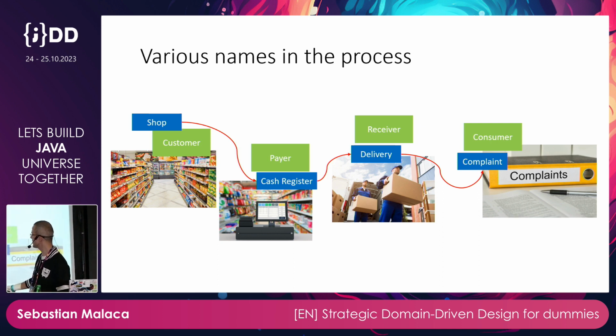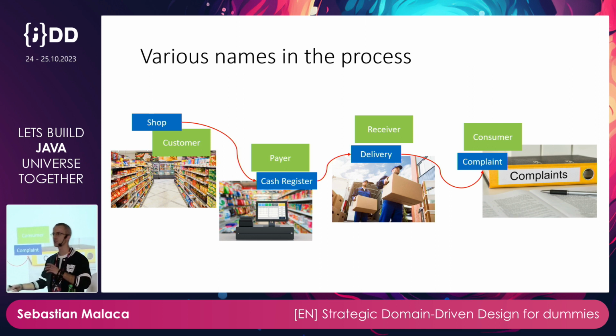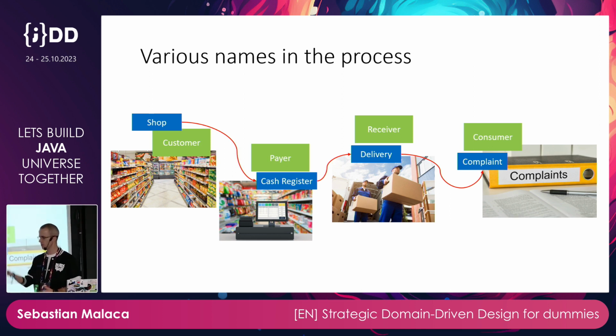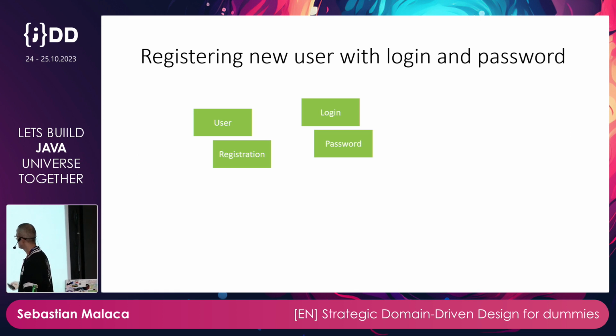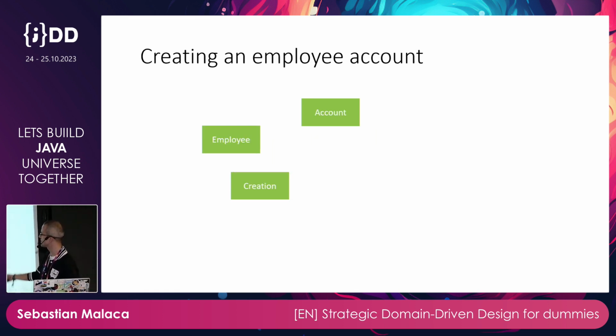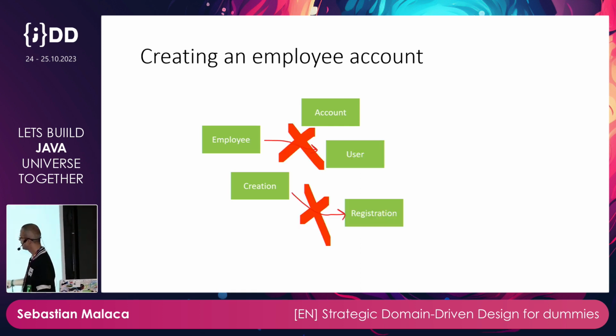So if within one business process I'm changing the name of the entity or of the actor, most probably we are talking about different contexts. So let's fix something that we broke. User login, registration, password stay as it was. Creating an employee account, employee account creation.